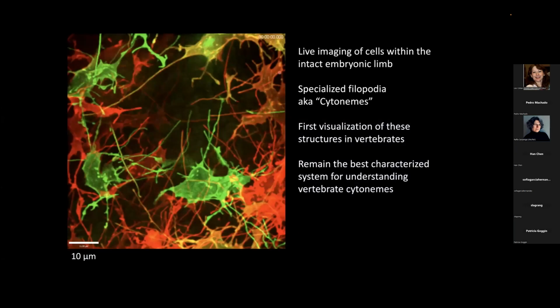A lot of this group's work was with Tim Sanders, who is now at UC San Francisco. They study the chick embryo. You have limb formation, and early in embryogenesis, with their light microscopy, they would see specialized filopodia called cytonemes.